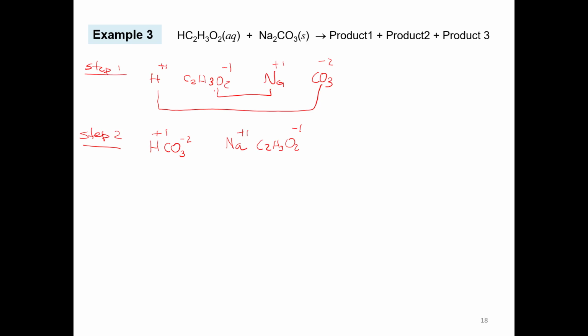Then we want neutral compounds. Then we had here 1 hydrogen, 2 carbonate. When we need neutral, then we need to multiply here by 2. Then 2 + 1 is +2, and we have -2. It's neutral. And here we don't have any problem. This is +1, this is -1. It is neutral. Then just now we write the final products we had. In this case will be, this is one, and the other one will be, let me write here.